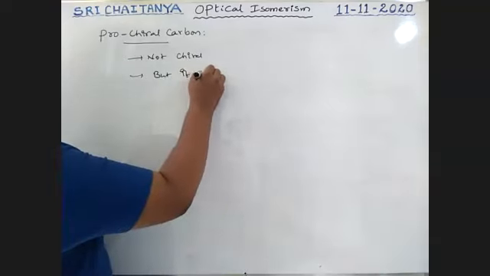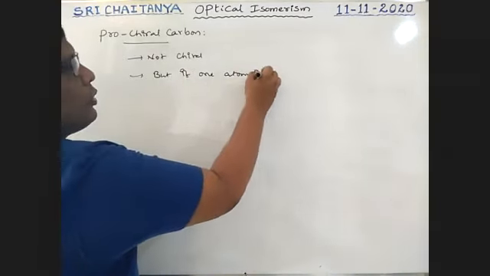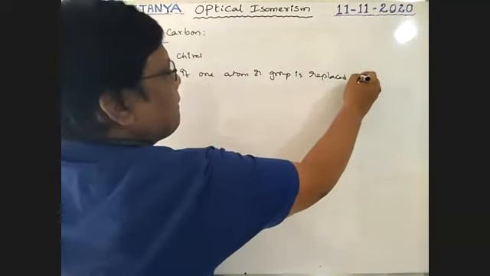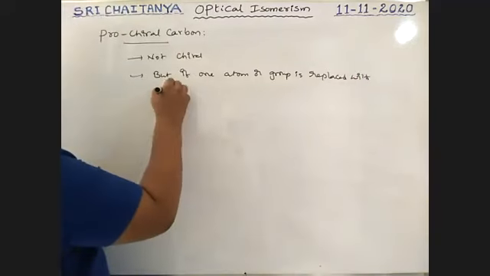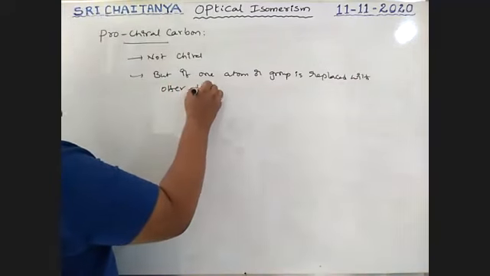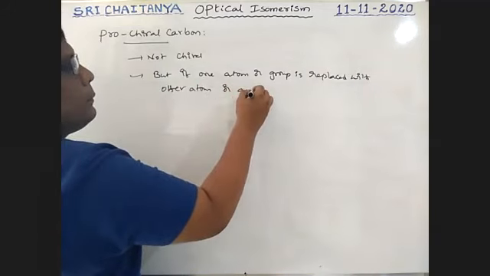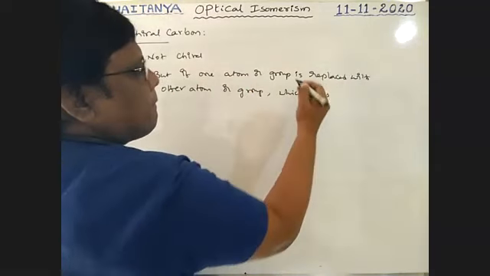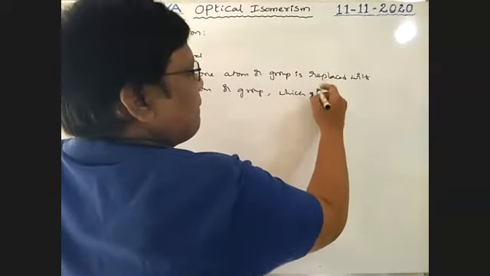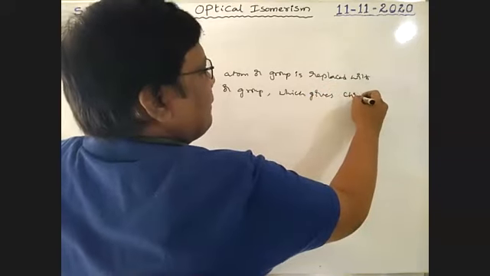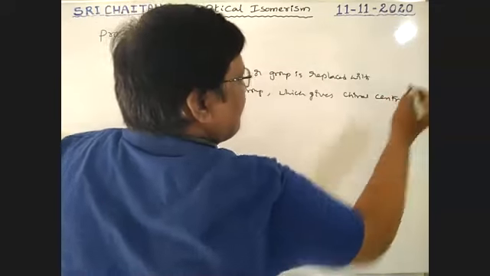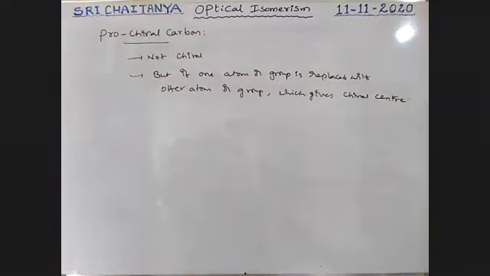if one atom or group is replaced with another atom or group, which gives a chiral center.